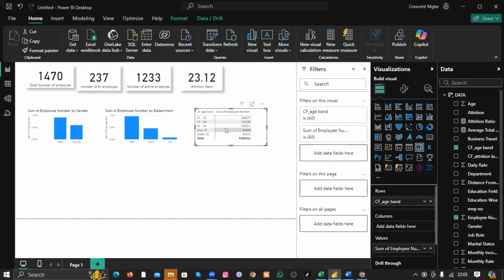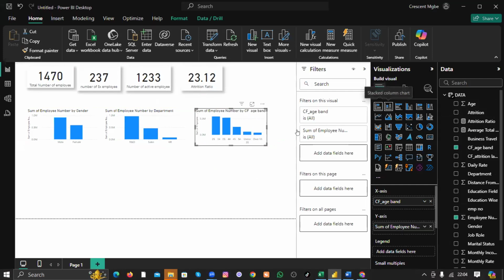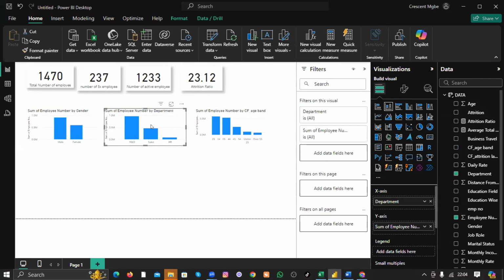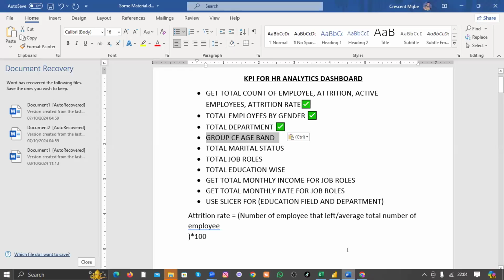Sorry, Mr. Chris, can I take you back? The second chart you did, sum of employee by department. In the Word document where the question is, it just states total department.